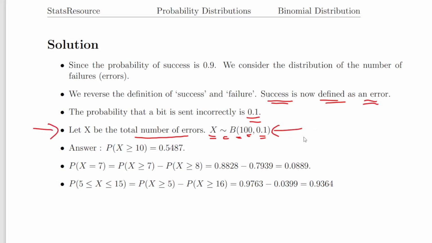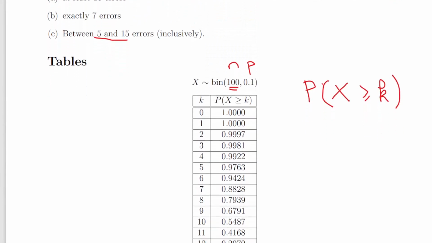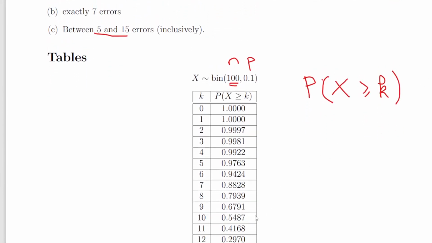The first question is, what is the probability of at least 10 errors, or 10 errors or more? So we go to the probability of x greater than or equal to 10, and it's this line here. The answer is 0.5487.